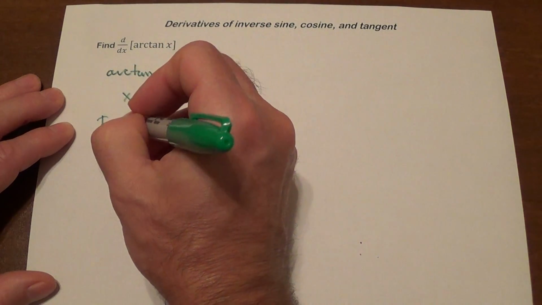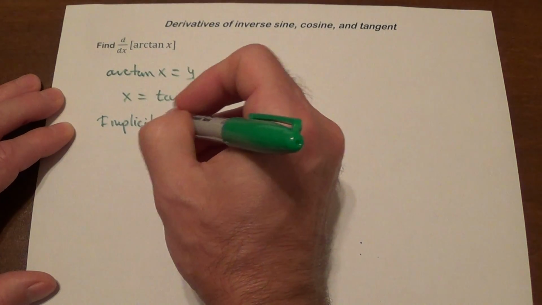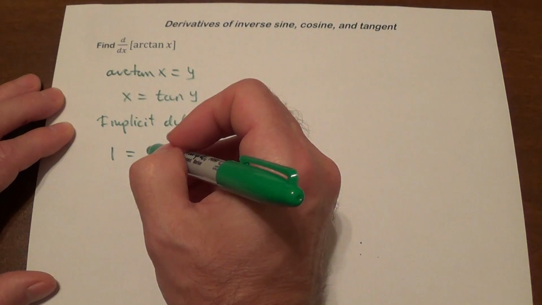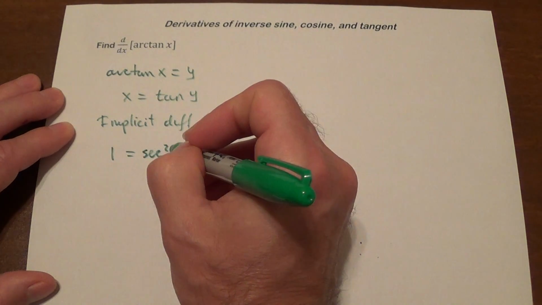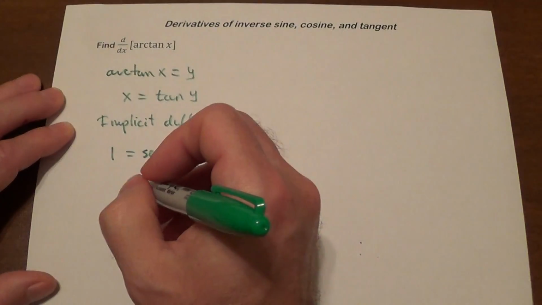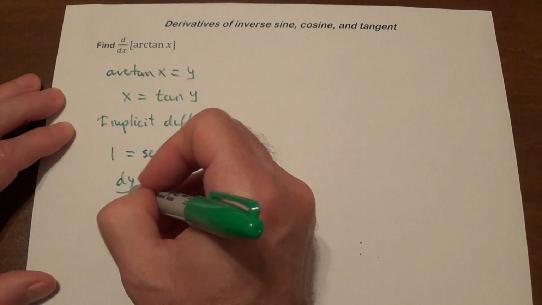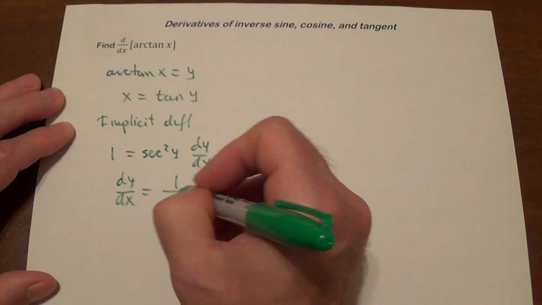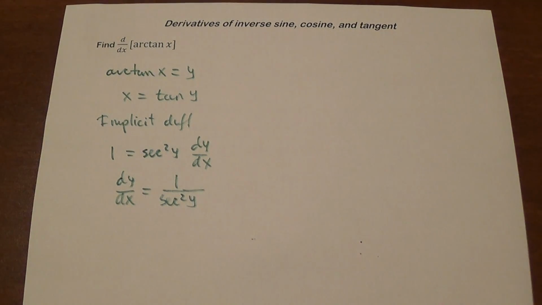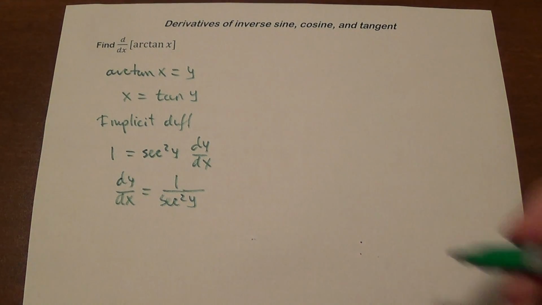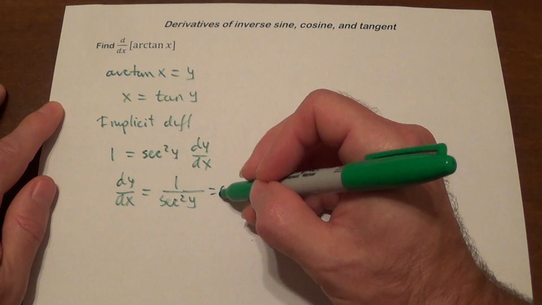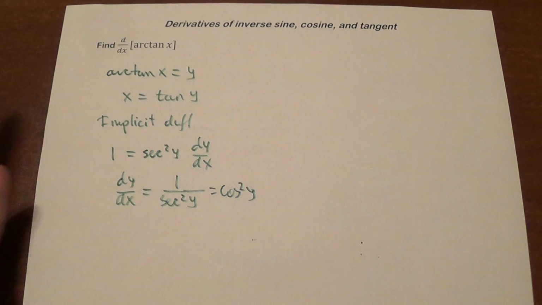Implicit differentiation is going to give us 1 equals derivative of tangent, which is secant squared y times dy over dx. And we can write that dy over dx is going to be 1 over secant squared y. Okay, so going back, it's going to help us here. We know 1 over secant is cosine, so this is going to be cosine squared y.